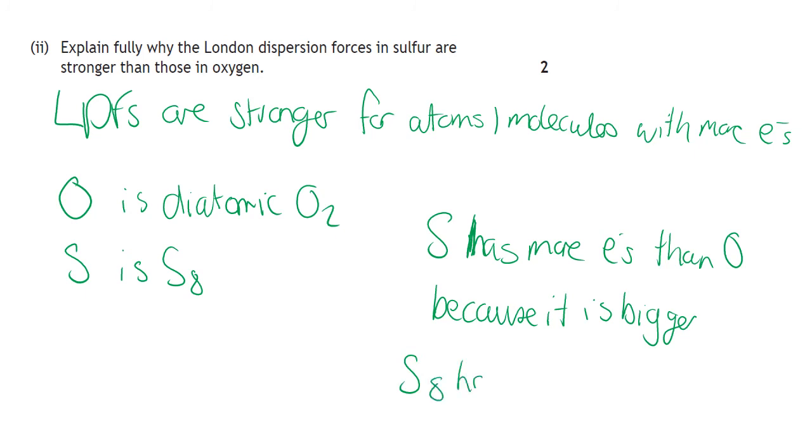Sulfur has stronger LDFs. So I know you're basically saying the same thing twice, but clarifying that London dispersion forces are affected by electrons, and the number of electrons, then explaining why sulfur has more electrons than oxygen to conclude that's the reason it has stronger London dispersion forces is the best way to answer this question.